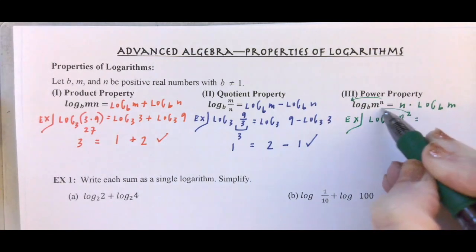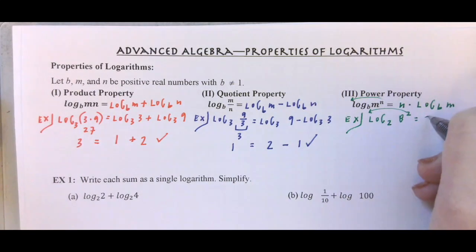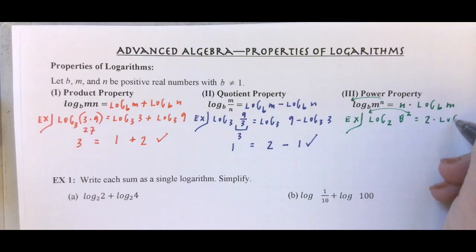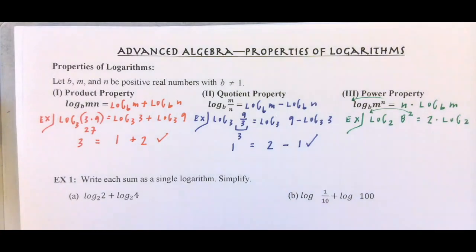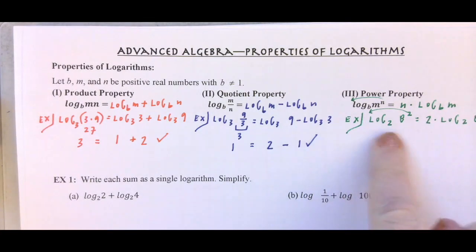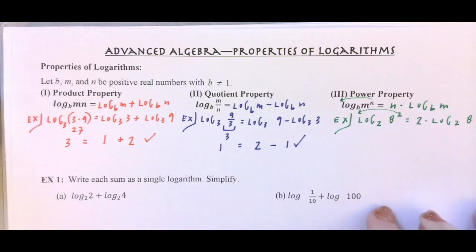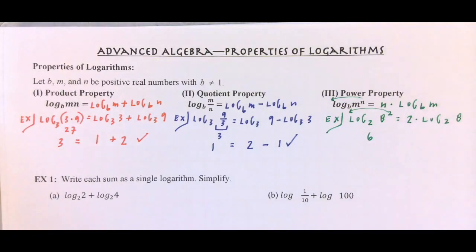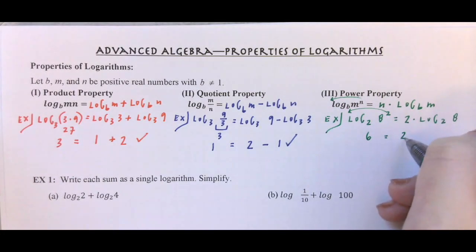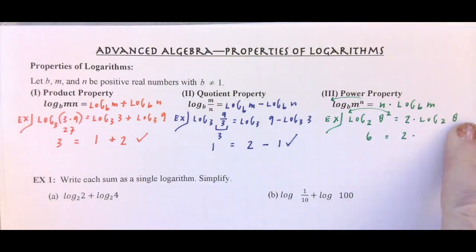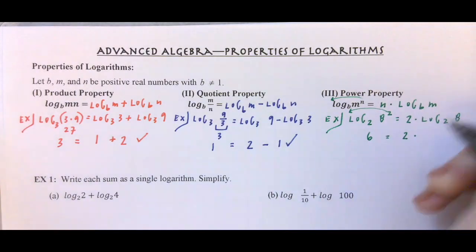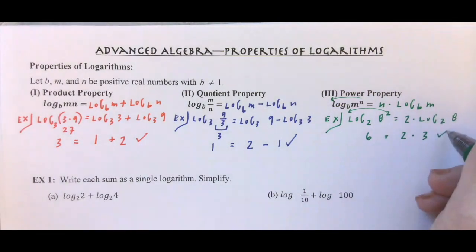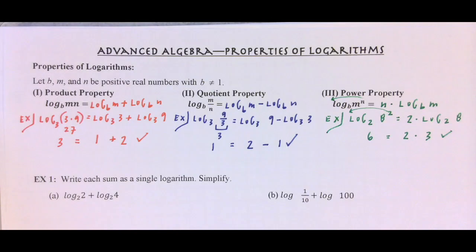That 2 could pull out in front and be 2 times log base 2 of 8. So log base 2 of 64 would end up simplifying to 6, right? 2 to the 6th power gets us back to 64. And over here, that's 2 times log base 2 of 8. 2 to the third power gets us 8, so a 3 right there. And 6 does equal 2 times 3, so that checks out.